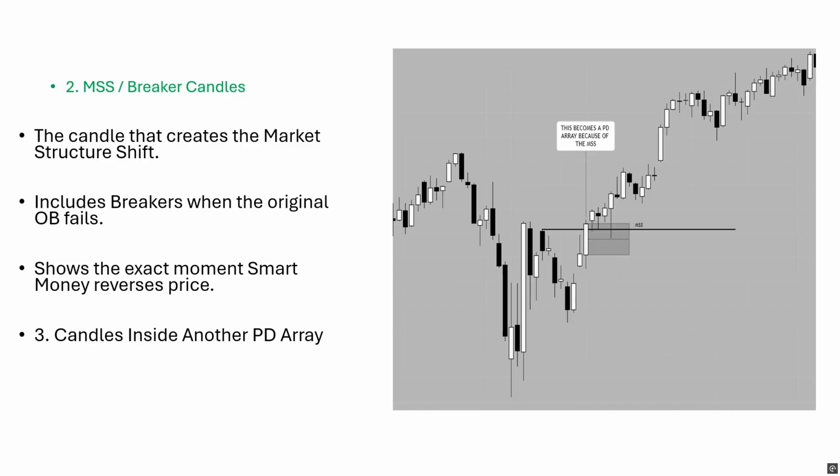The change in the state of delivery helps us to navigate. As you can see in the image, after the swing high is taken, price respects the candle that takes the swing high, and the fair value gap, before moving to the upside.